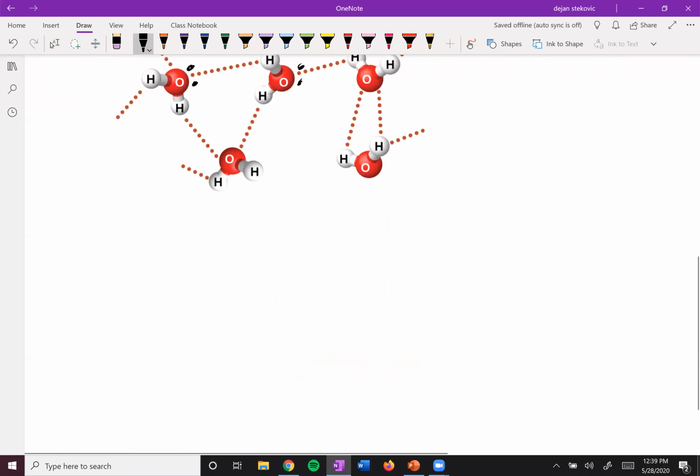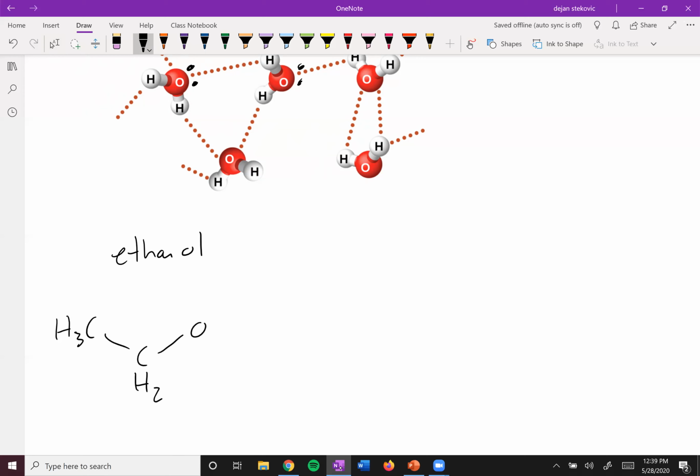So let's take a look at an example of this. Here we have ethanol on the left. This is the alcohol that you drink. We see that it contains an OH in it, so it will be capable of hydrogen bonding.